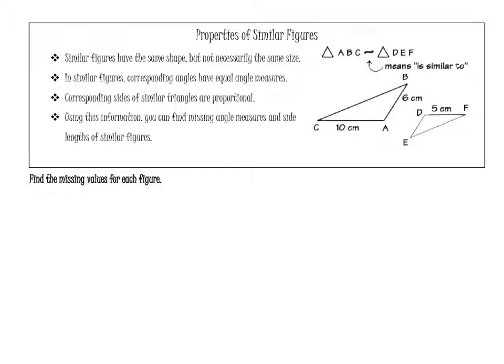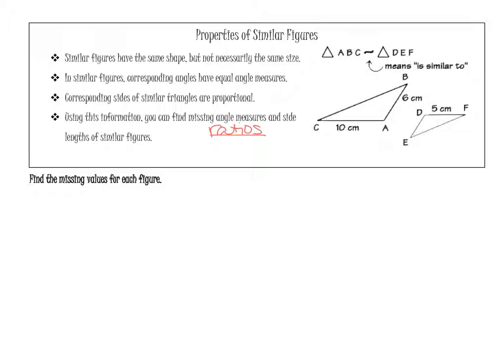Now, what's going to be more useful today, using kind of the same idea, you can tell which sides are corresponding as well. So let's write down these sets of corresponding sides. We're going to set up the ratios, and we're going to be doing this over and over and over again today.